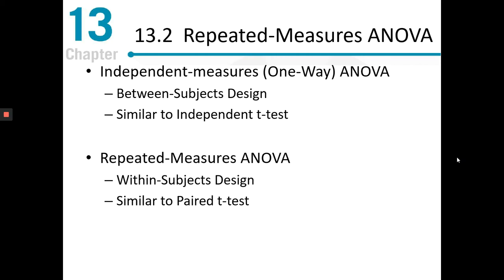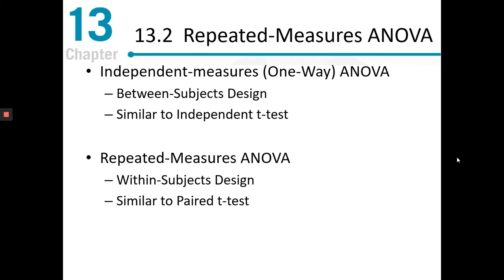So they have 2 scores. At every level of the IV, they rate the attraction. So they get a score on the DV for every level. And then what we did in the paired t-test is we compared those 2 scores within people. So we get the difference scores. So for every person, what was their red score versus their green score?